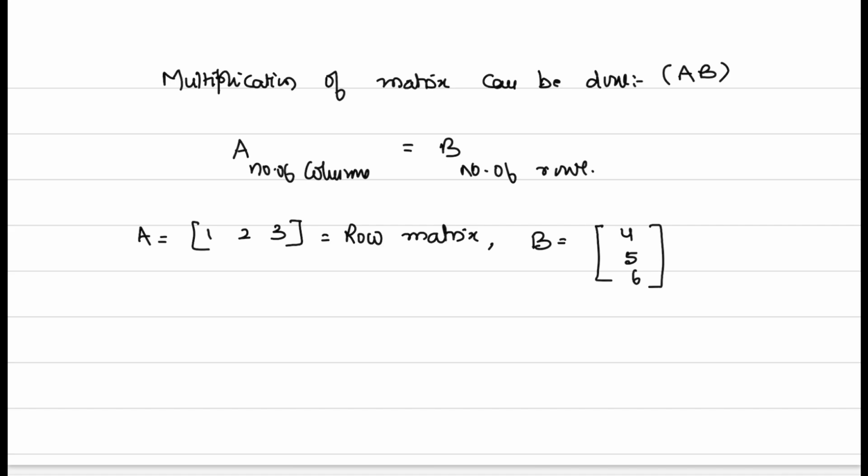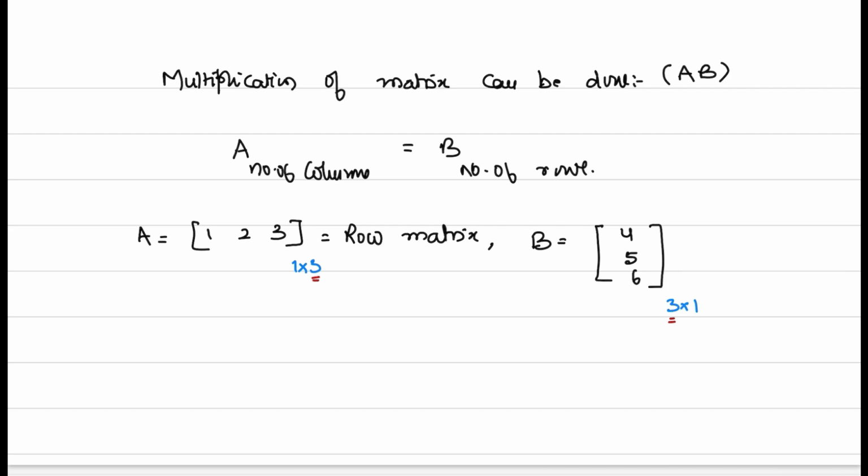How is this matrix written? The first matrix is written as 1 by 3: 1 row and 3 columns. The other matrix can be written as 3 rows and 1 column. You just see, the number of columns in the first matrix is equal to the number of rows in the second matrix.